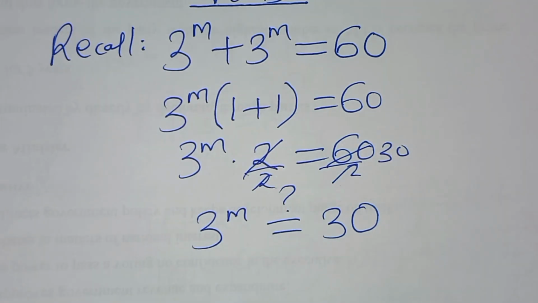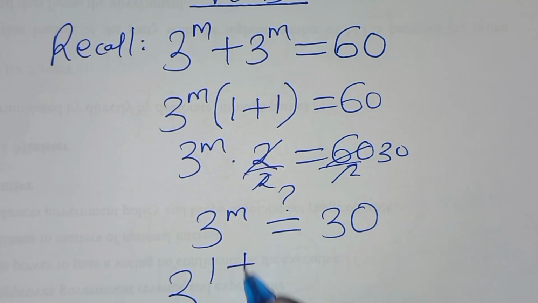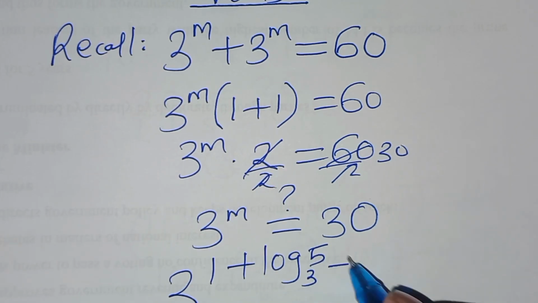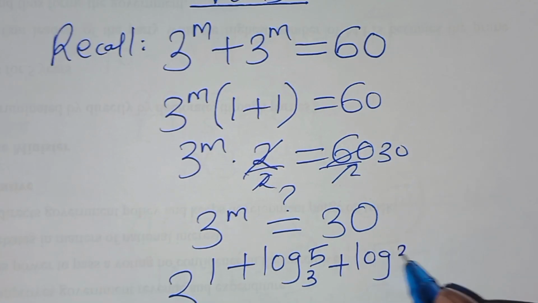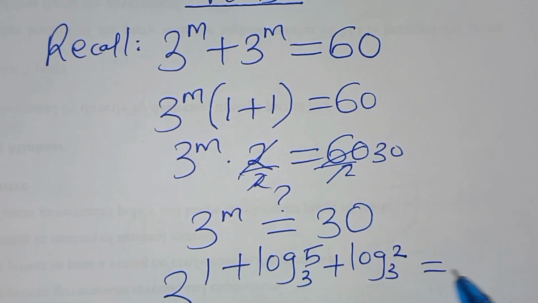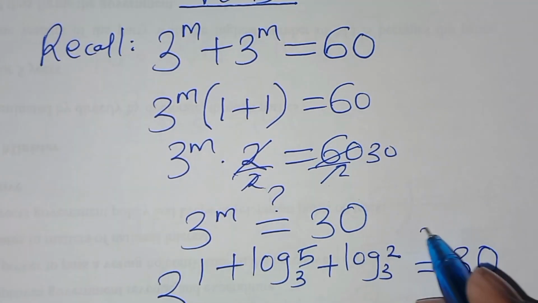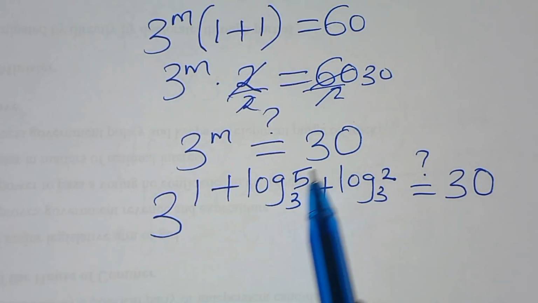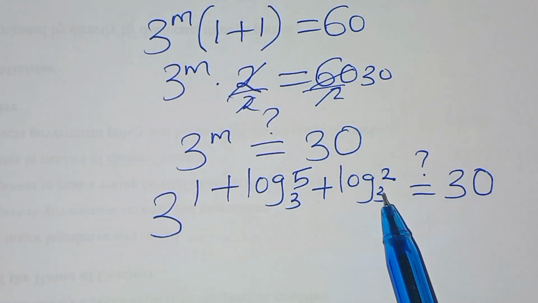Let's substitute the value of m. So here you have 3 to power m is 1 plus log 5 to base 3 plus log 2 to base 3. This is supposed to give us a value of 30. Now, 3 to power 1 plus log 5 to base 3 plus log 2 to base 3.